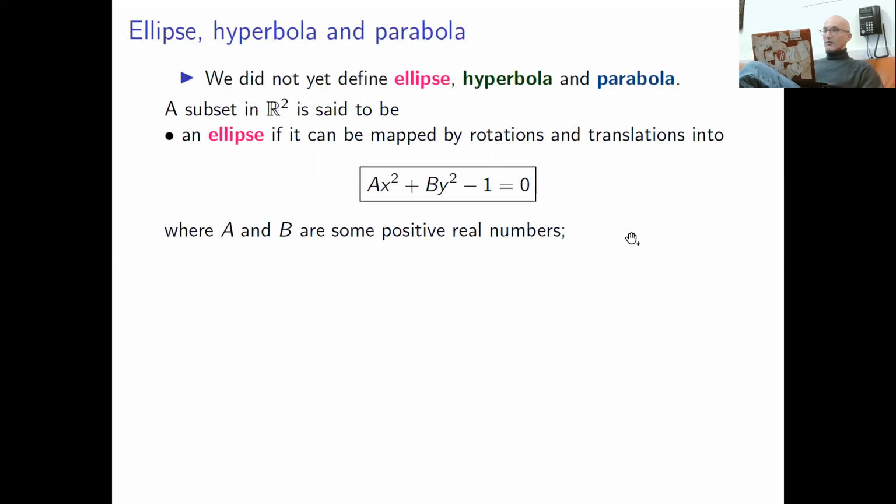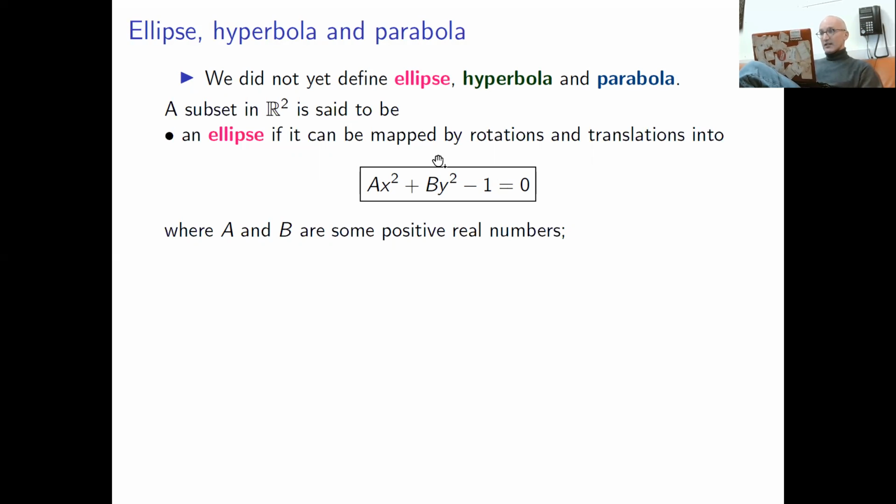We can say that an ellipse in the plane is a subset such that it can be mapped by rotation and translations into a subset given by this equation. For example, we could have here some constant term different from 1, but of course, if we multiply our equation by a non-zero number, we're going to get a different equation, but the same curve.